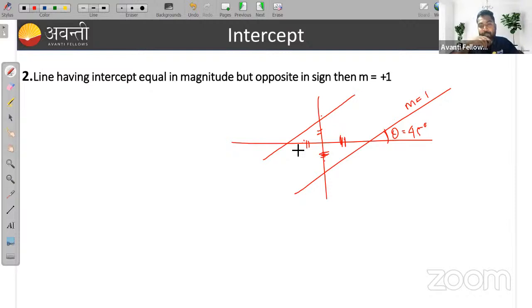It will be +1, no? Yes. Let me check. I told you. So remember, I'm a little bit confused. A line having intercepts equal in magnitude but opposite in sign. Let me check. Just a minute.